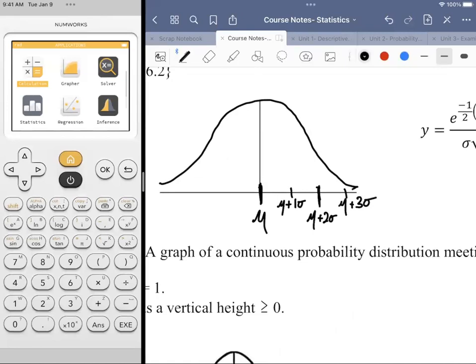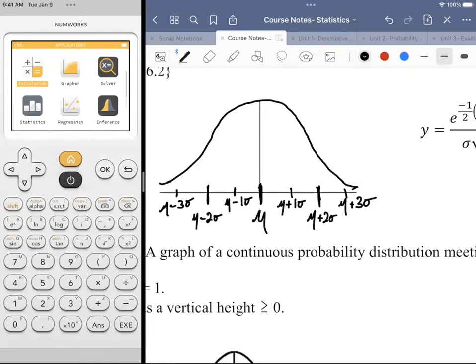All right, again, the mu and the sigma, mean and standard deviation for the population. We could also do the same thing going in the other direction: mu minus 1 sigma, mu minus 2 sigma, and mu minus 3 sigma.